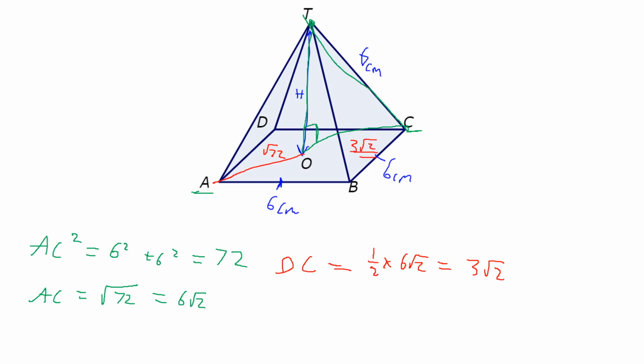So now we know that the height is going to be within this triangle. However, look at the height. It's not opposite the right angle. This 6 is. So therefore, h squared is going to be 6 squared minus 3 root 2 squared, which is just going to be equal to 18. Okay? And so therefore the height is going to be equal to the square root of 18, which is equal to 3 root 2.